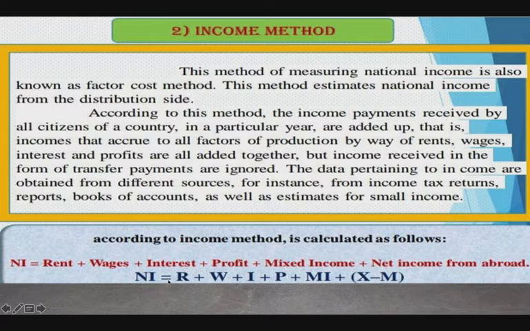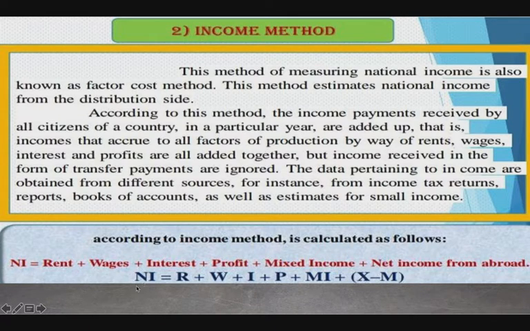National income is equal to rent plus wages plus interest plus profit plus mixed income, plus X minus M, which means net income from abroad. X means export and M means import, and mixed income means a person earns income from various sources.